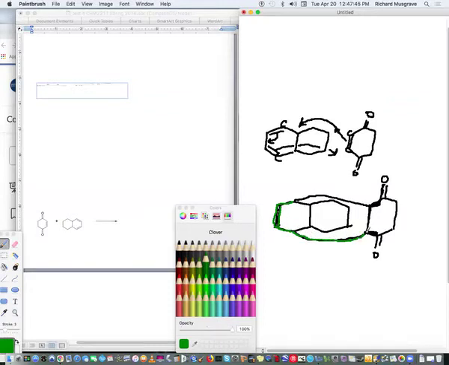So for the actual carbons that were involved in the Diels-Alder process, that's a 6-membered ring that can be drawn like this, kind of like a book that's fallen on the floor and is tented like that.